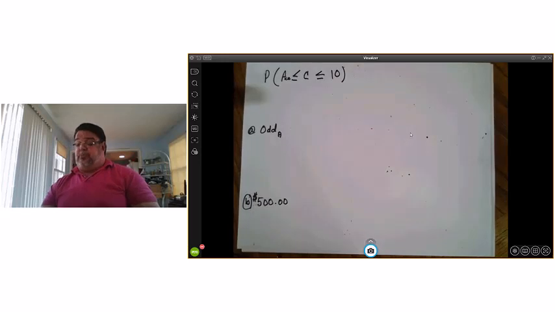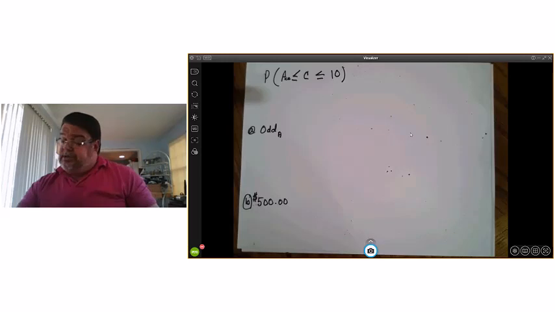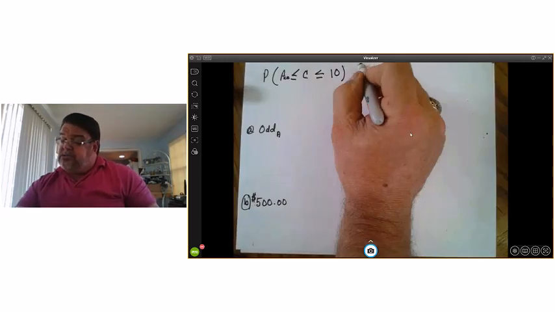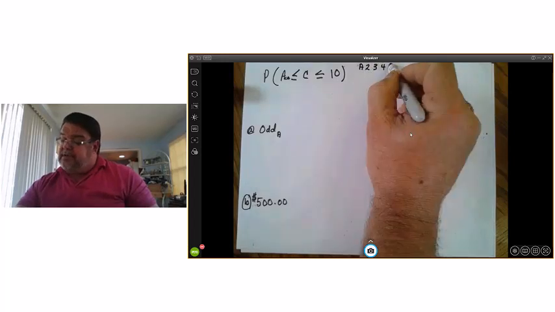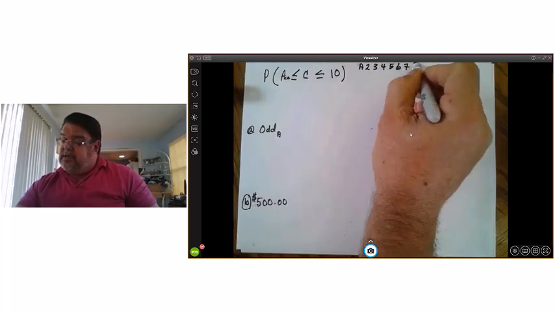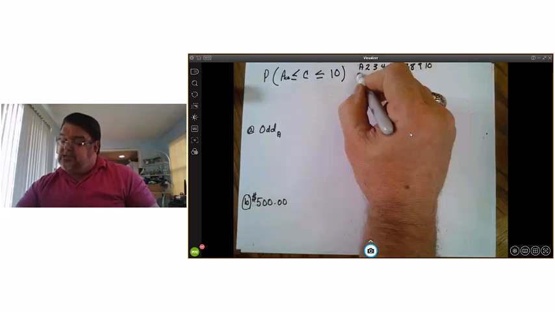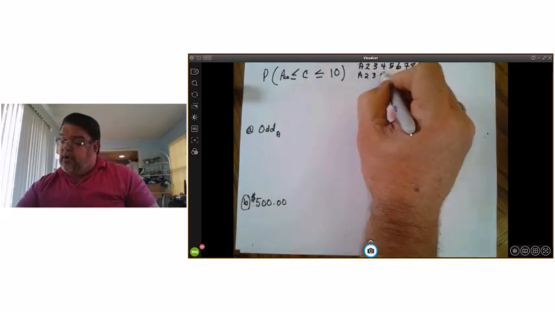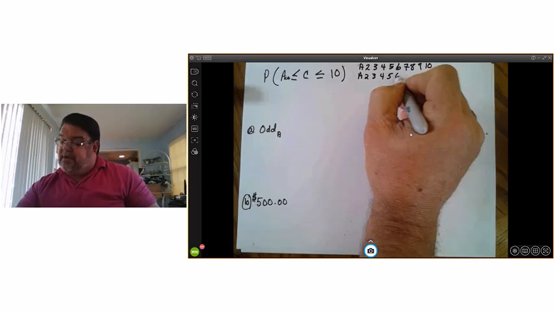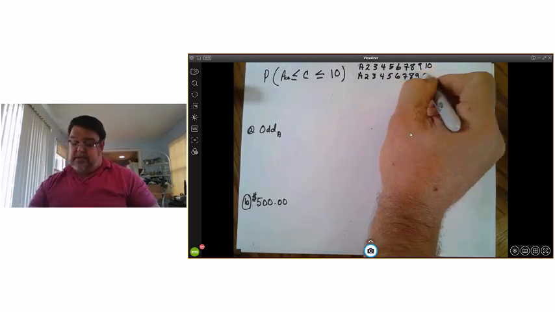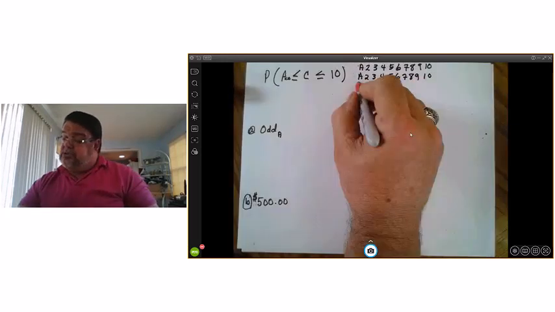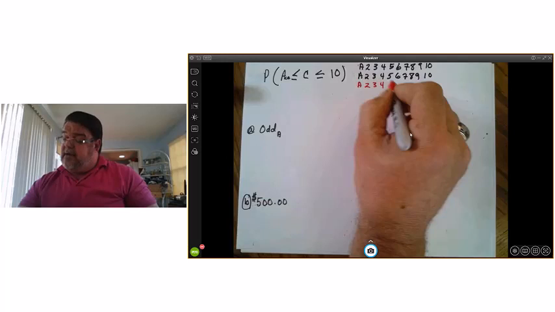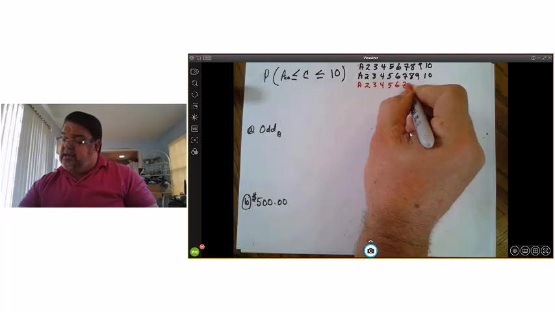So let's do the probability. Well, first of all, we've got to write down the cards and see. Ace, 2, 3, 4, 5, 6, 7, 8, 9, 10. Ace, 2, 3, 4, 5, 6, 7, 8, 9, 10. And then red, ace, 2, 3, 4, 5, 6, 7, 8, 9, 10.